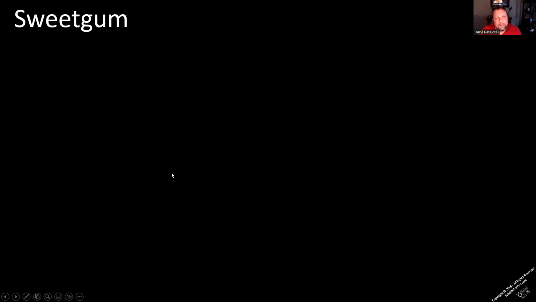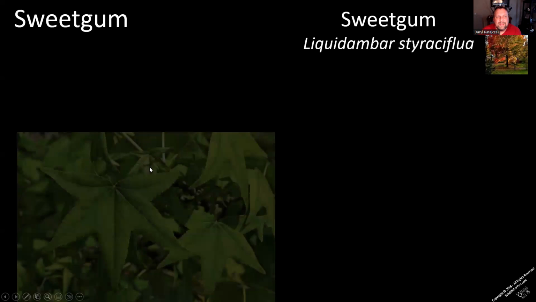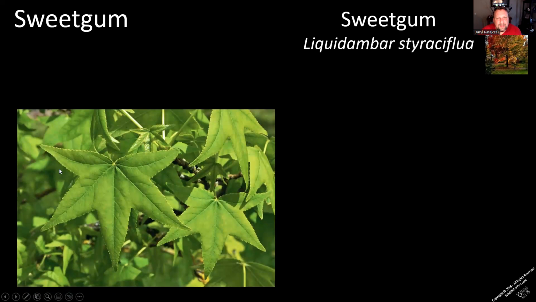Sweet gum, another big tree in the east, and its scientific name is Liquidambar styraciflua, another favorite name of mine. Very distinctive leaf. It looks kind of like a maple leaf, but with the 5 prongs there, some people think it looks like another kind of leaf that I'm unfamiliar with.